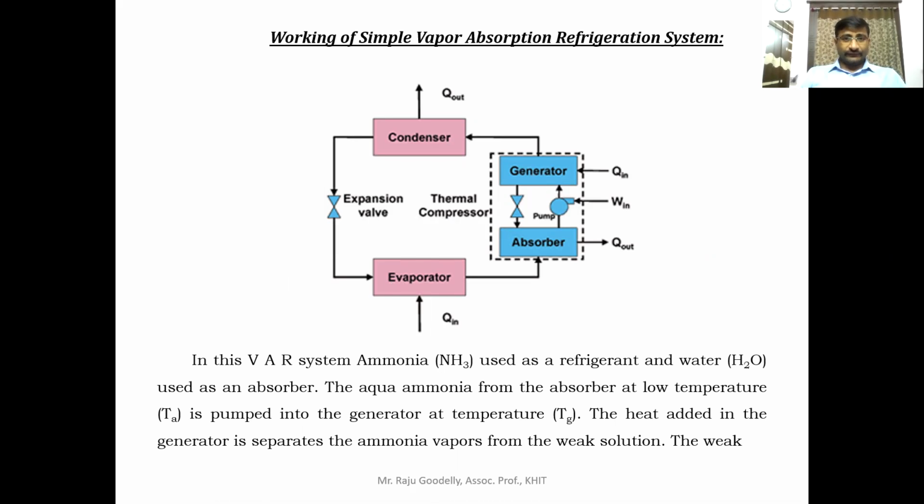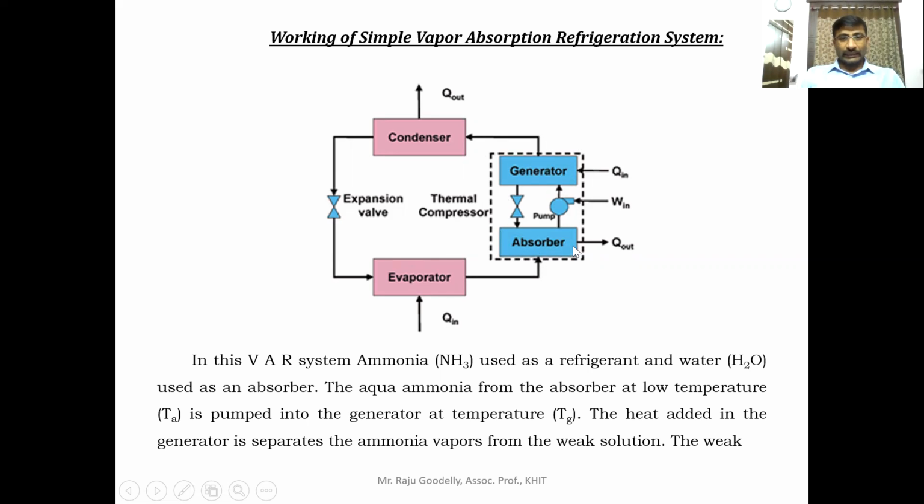In VCR system, we have condenser, expansion valve, and evaporator. These three components are the same as that of the VCR system, but in place of compressor, which is there in VCR system, in VAR system these four components are replaced.